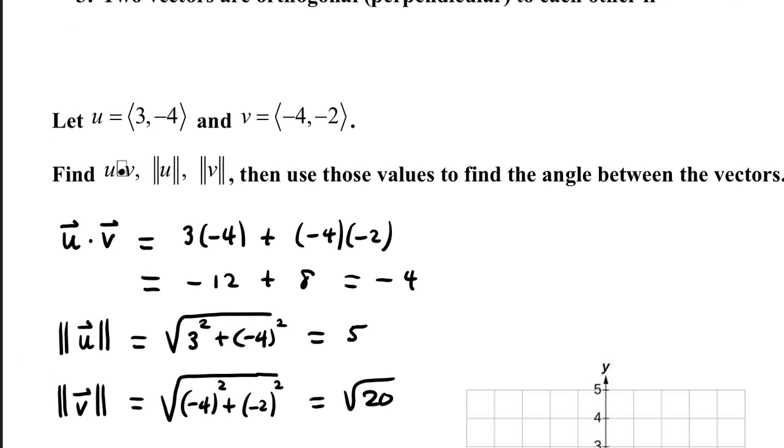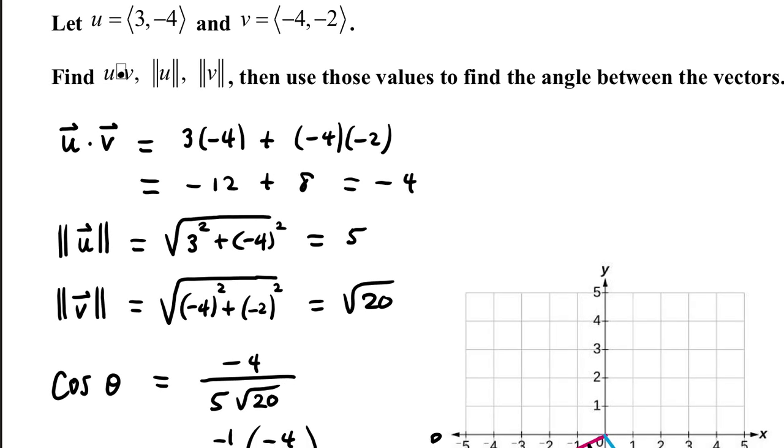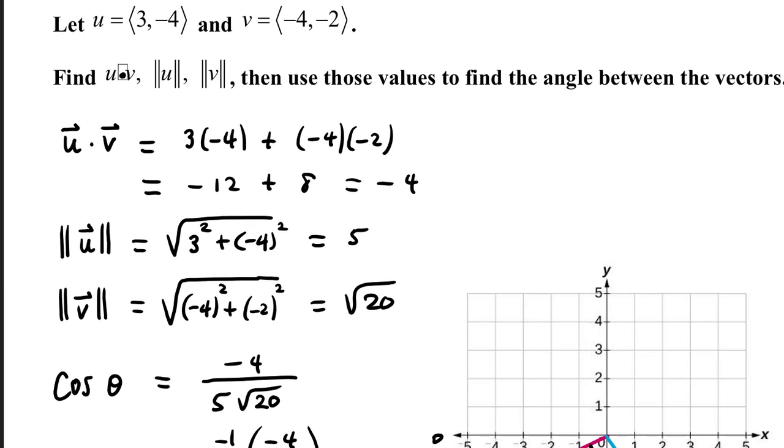Let vector u be 3, negative 4, and vector v be 4, negative 2. We're going to find the dot product and the magnitude of each vector, and then we're going to use those values to compute the angle between the two vectors. U dot v, remember, first entry times first entry.